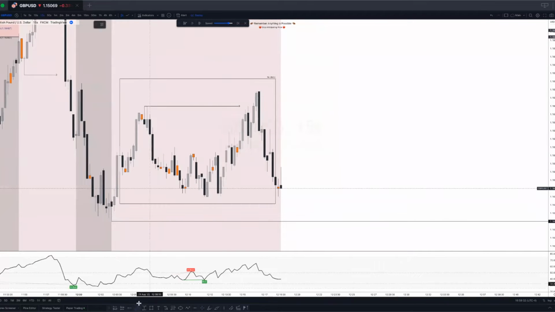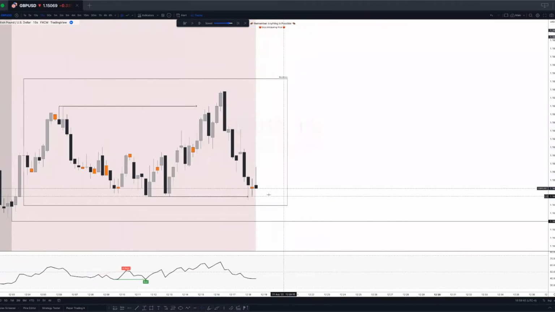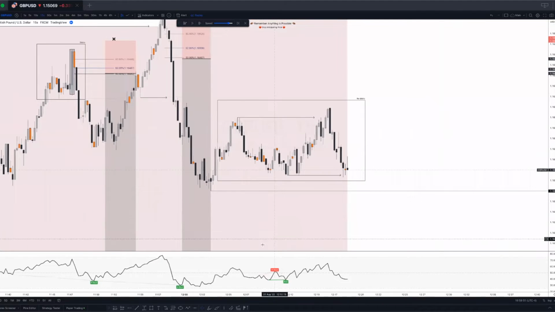What's this low? This low was taken, right? Oh, wait. It was, okay. So with this low taken, to me, it's time to take it from this high, take it to this low.